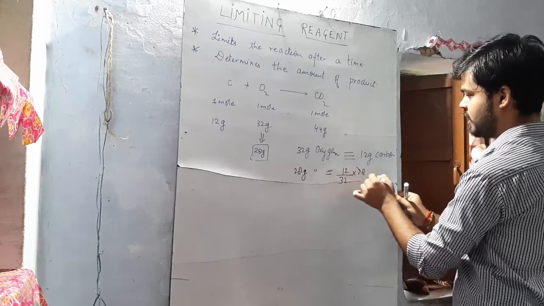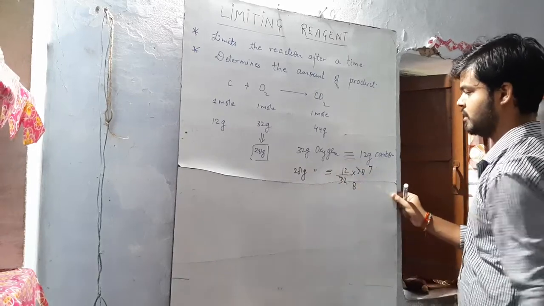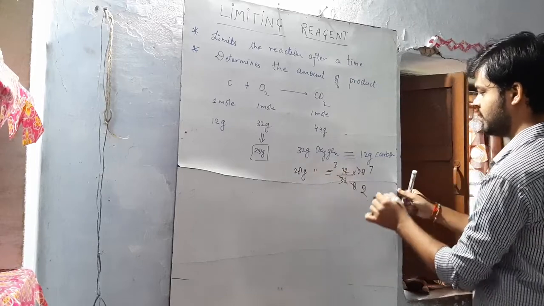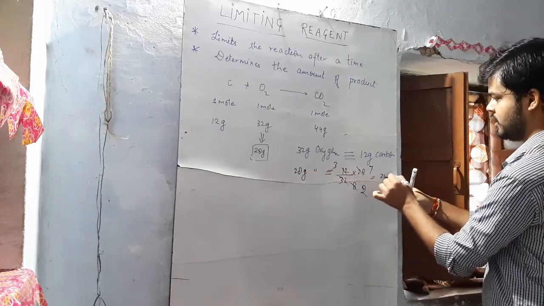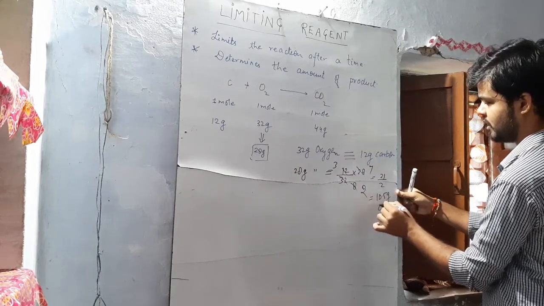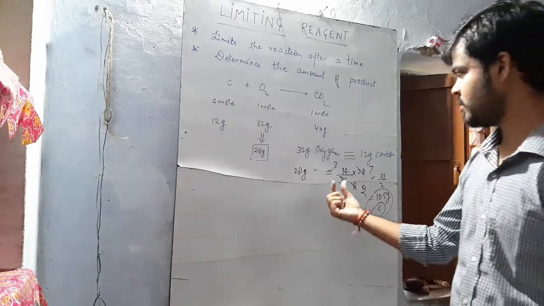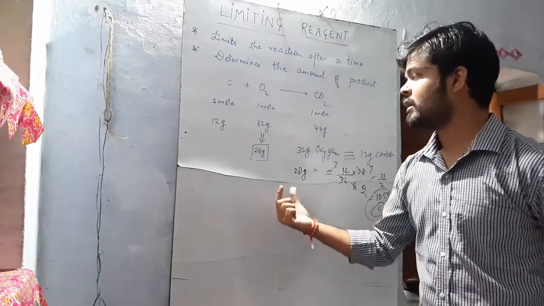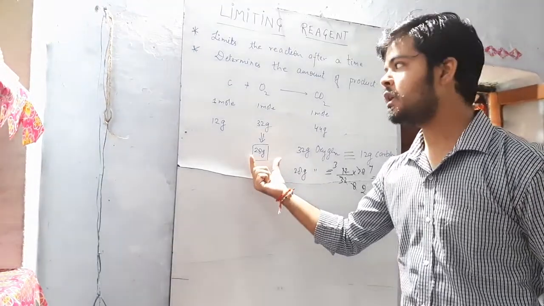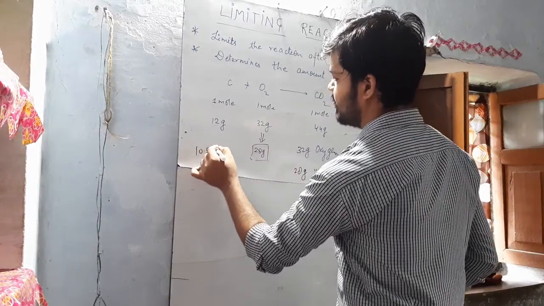On solving this, 4 7s are 28, 4 8s are 32, so we get 2, 3, 21 divided by 2, that is 10.5 gram carbon. So as we have solved here, this 28 gram of oxygen will react only with 10.5 gram of carbon.